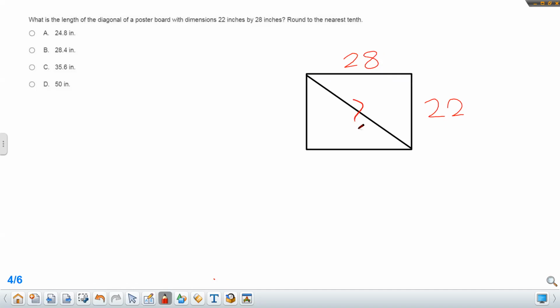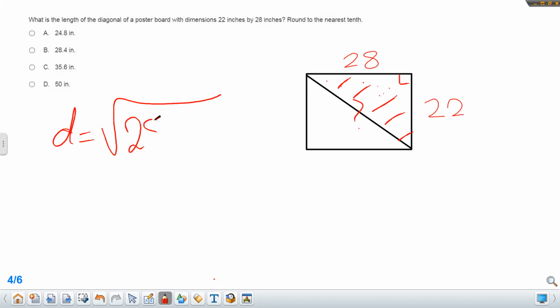If you have a rectangle, you have a right angle, like this. So how to find the diagonal? The diagonal in this triangle is the hypotenuse. So how to find the hypotenuse? It's easy. The diagonal equals the square root of 28 power 2 plus 22 power 2. Why did I add? I add because I have to find the diagonal like a hypotenuse.